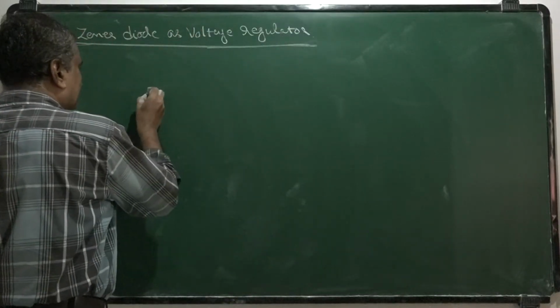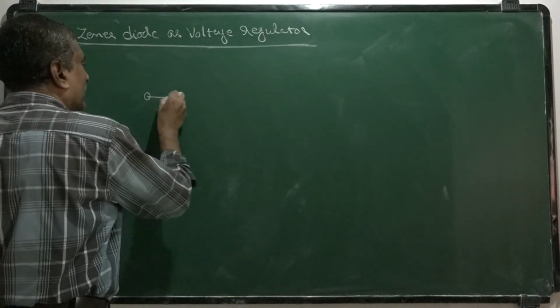Now if we see the voltage regulator circuit, it is like this.